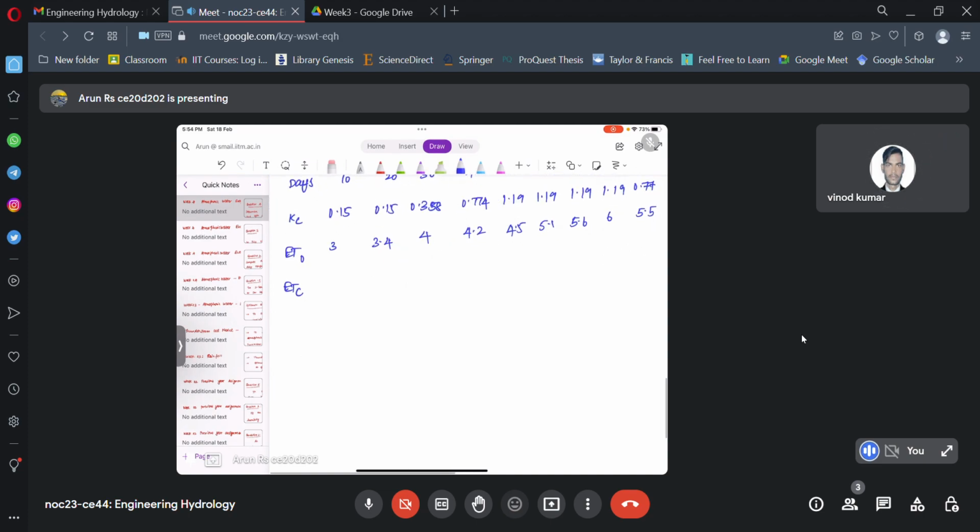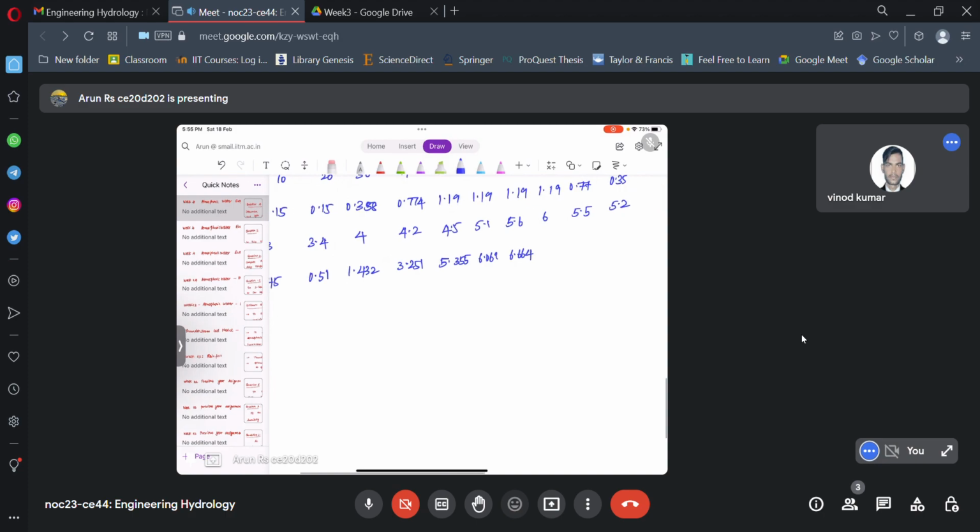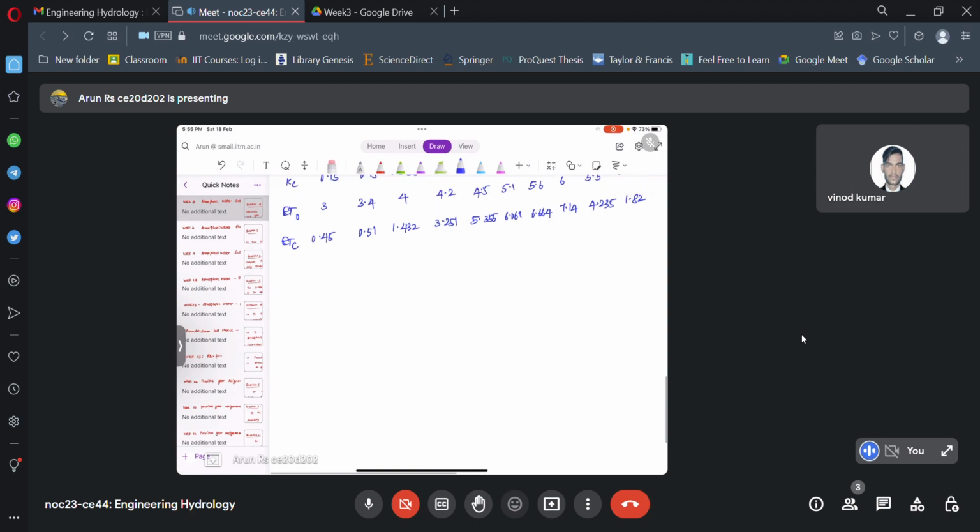So just multiply these two, you will get the ETc. So you can see how the crop also behaves.